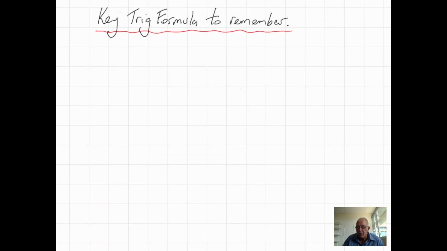There are some key trig formula to remember. We've already seen the basic trig formula, sine, cos and tan.